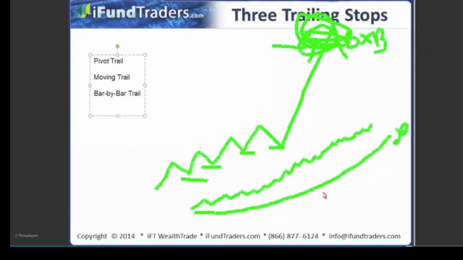It's trailing stop. Or even tighter, 8. Okay. And that's proper trailing.